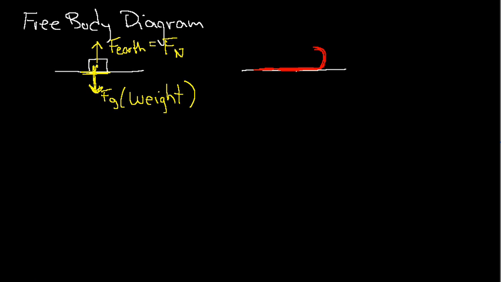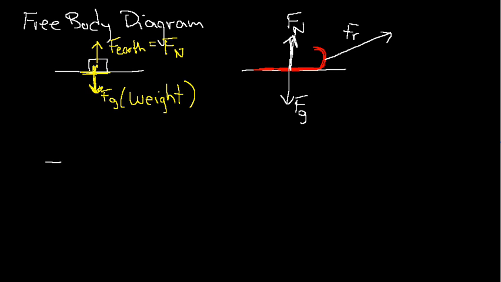And let's say we've got a rope that way, and somebody's pulling on the sled. So there's the force of the rope on the sled. Then of course we have the force of gravity on the sled, and then we have the force straight upward of the ground, which we're going to call the normal force. So that would be the forces acting on the sled. This is how to draw a free body diagram.